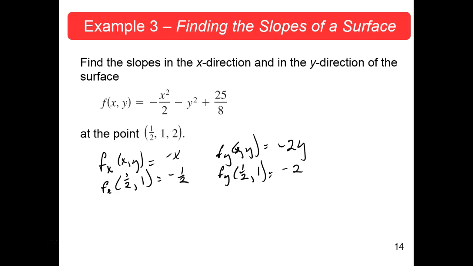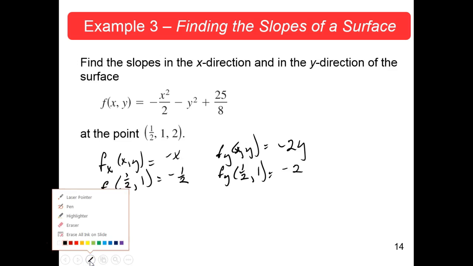What did they get? Oh, we'll see on here. Lost it. Yeah, negative 1/2 and negative 2. We got it. Okay. So let's clear this so you can see how they did it.